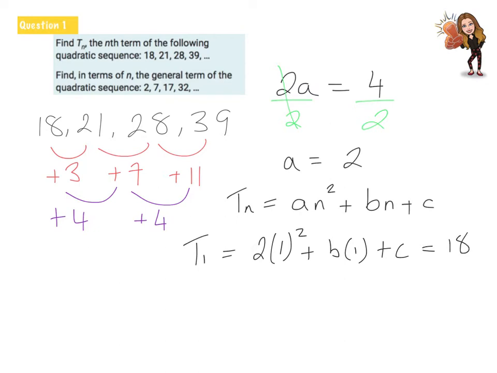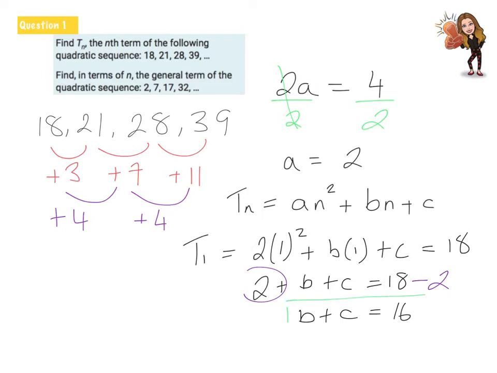So 1 by 1, or 1 squared, is 1 times 2 is 2, so we have 2 plus b plus c equals 18. Now I need to take this 2 and subtract it from my 18. So what I'm left with is b plus c is equal to 16, and that becomes equation 1.